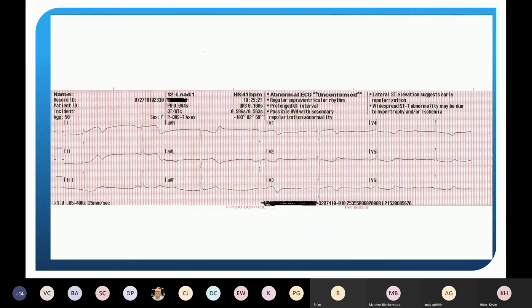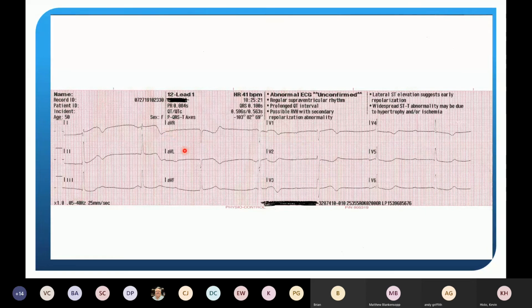All right, sweet. So too fast, too slow, or okay? Too slow, I agree with that. So rate is too slow. So as I'm looking at this, I'm intervening with the patient, IV access, fluids, okay? And I'm looking for injury patterns. Leads 1, AVL, and lateral. Lead 1 has got some artifact.